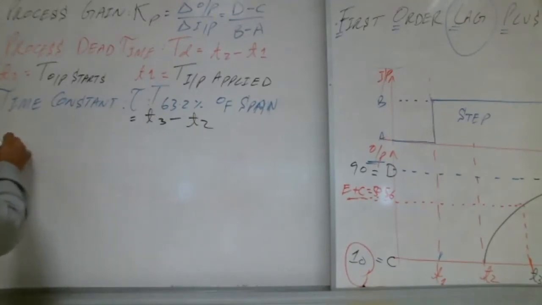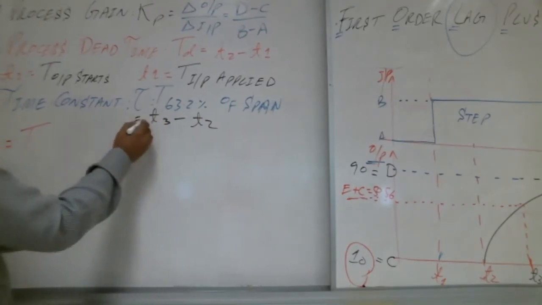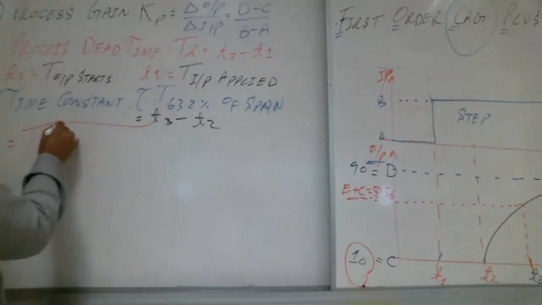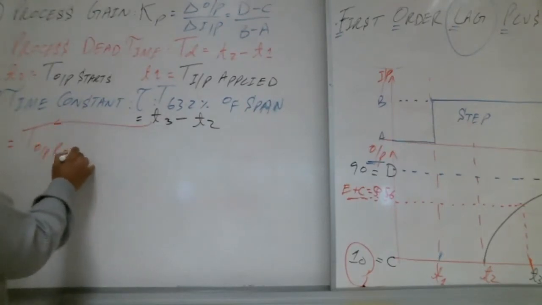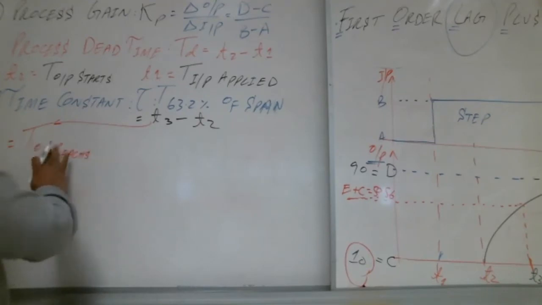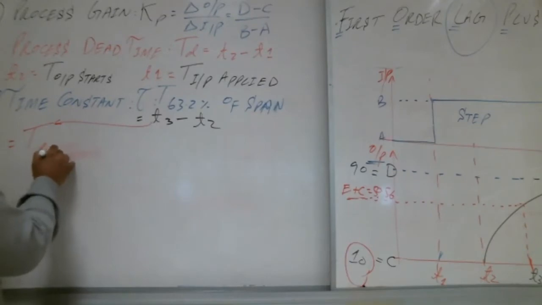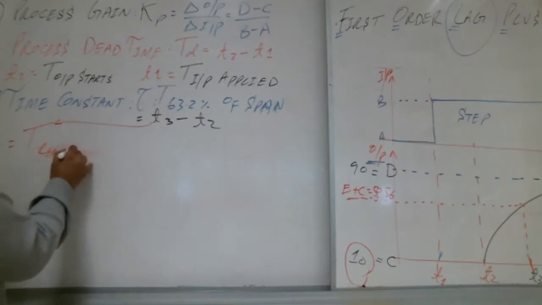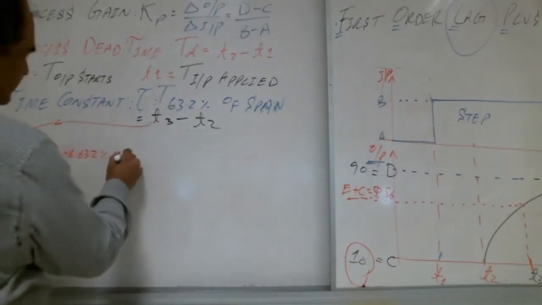T3 is the time the output just reaches 63.2% of span.